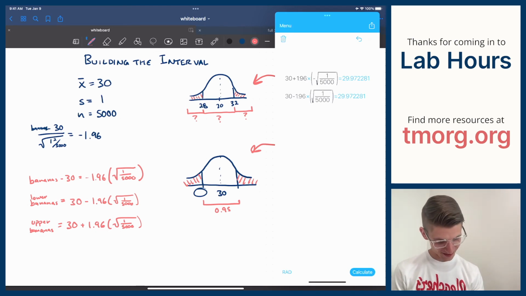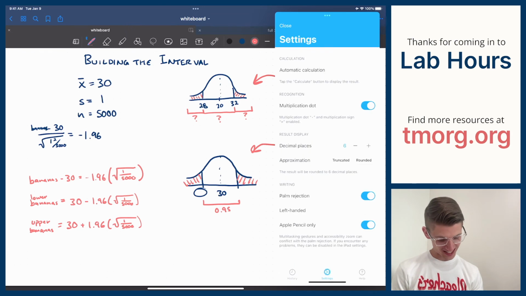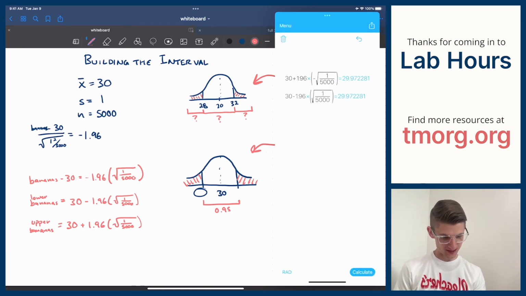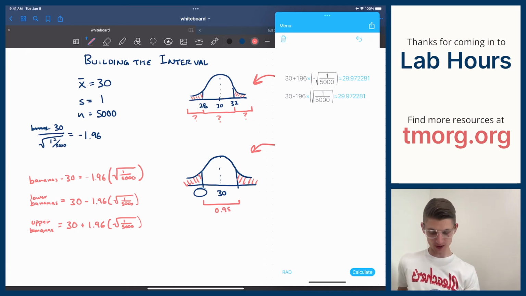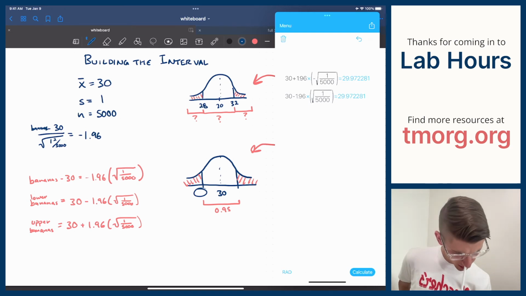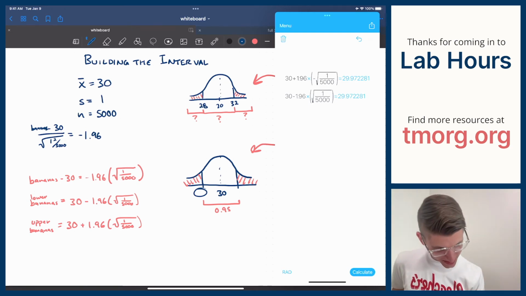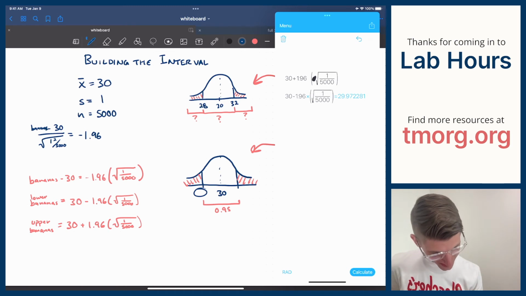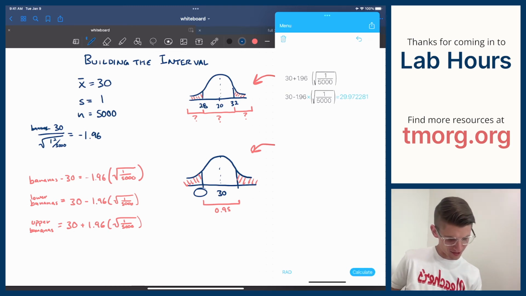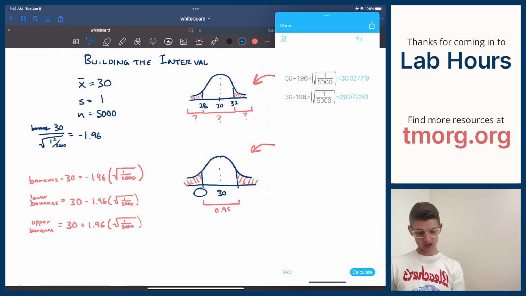And in fact, if I change my settings I can add more decimal points to my calculator, so for all intents and purposes, these numbers will be the same. Although, basically what this, hold on, wait. Oh, that's why they're the same. I got a stray minus in there. I was like, one of them should be bigger than 30, right? There we go. So the new confidence interval would look like this, right?